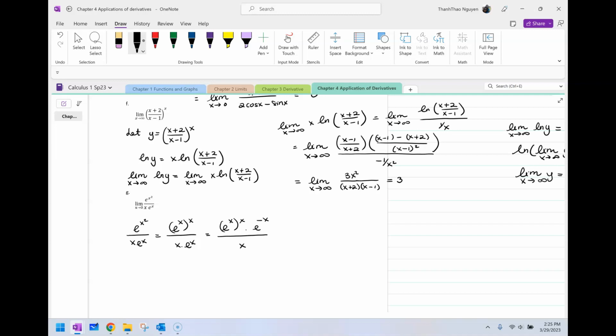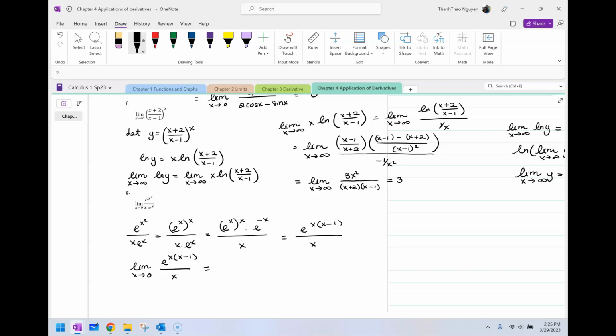I'll go ahead and rewrite this as e to the x minus 1 divided by x. And I take a look at the limit as x approaches 0 of e to the x minus 1 divided by x.